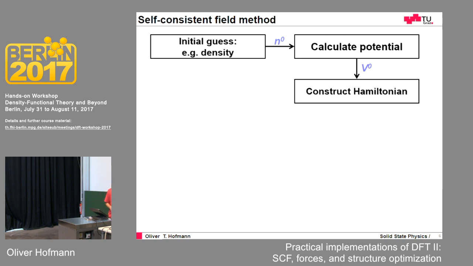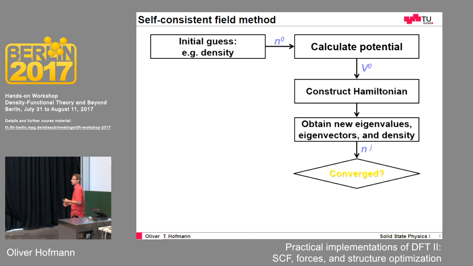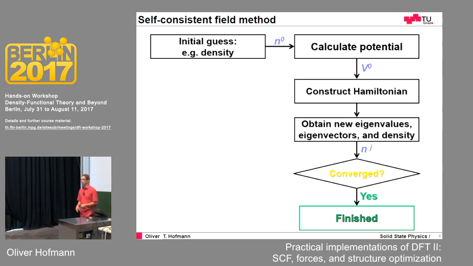With the potential, you can construct the full Hamiltonian, solve the Schrödinger equation, or invoke the approximations that you want to invoke, and obtain eigenvalues and eigenvectors. The eigenvectors are your orbitals, and a new density. After that, the question is, are you converged or not? And what that means I will discuss on the next slide. But let's say yes, then we would be finished.